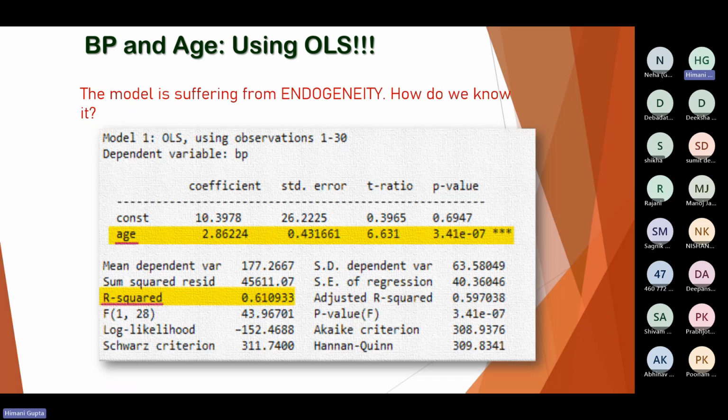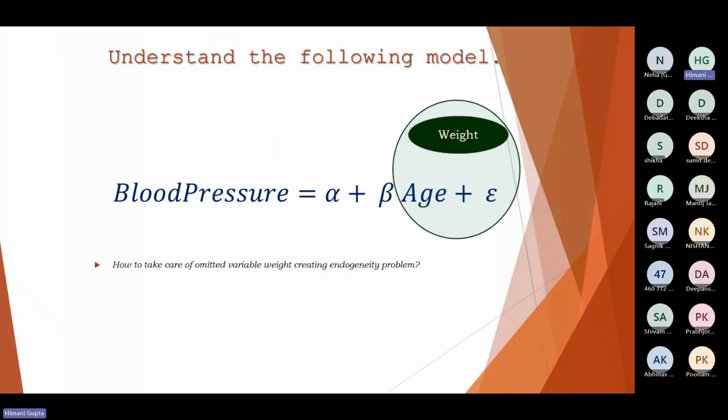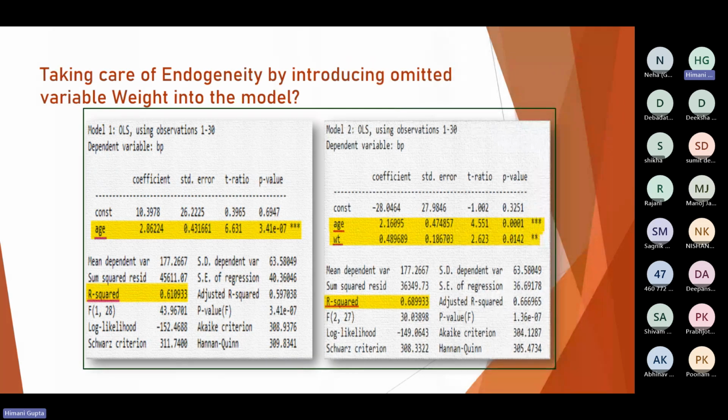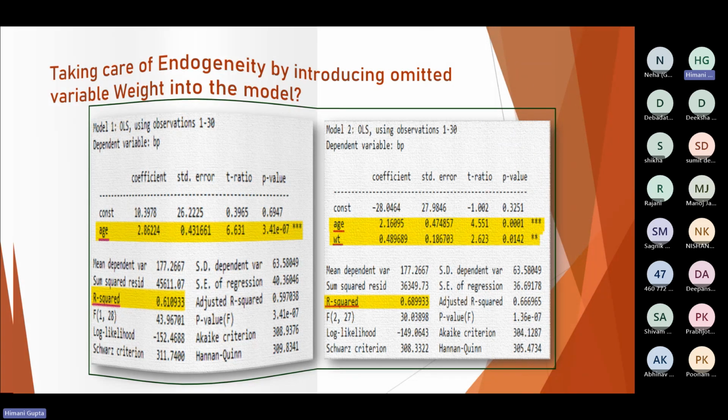But in this case, the relationship between the error term and your independent variable was observable. So this weight was observable, and in the next part I included the weight also. So whenever your endogeneity problem exists and you can observe it, you can just include it.